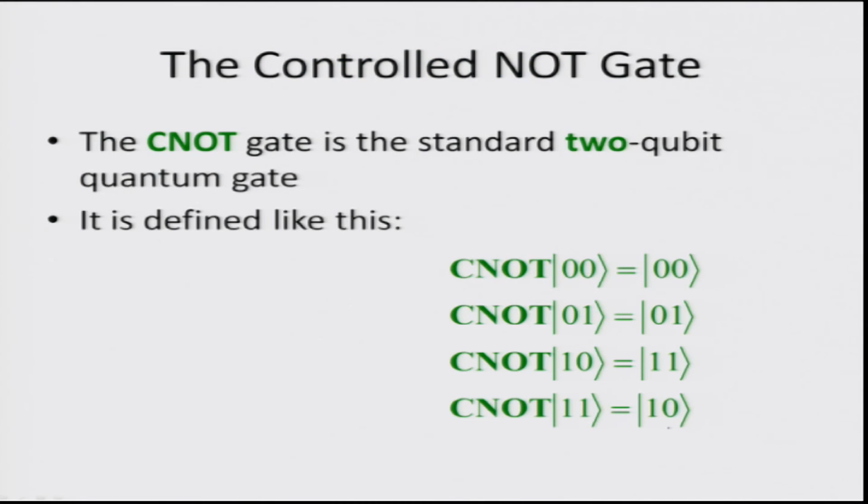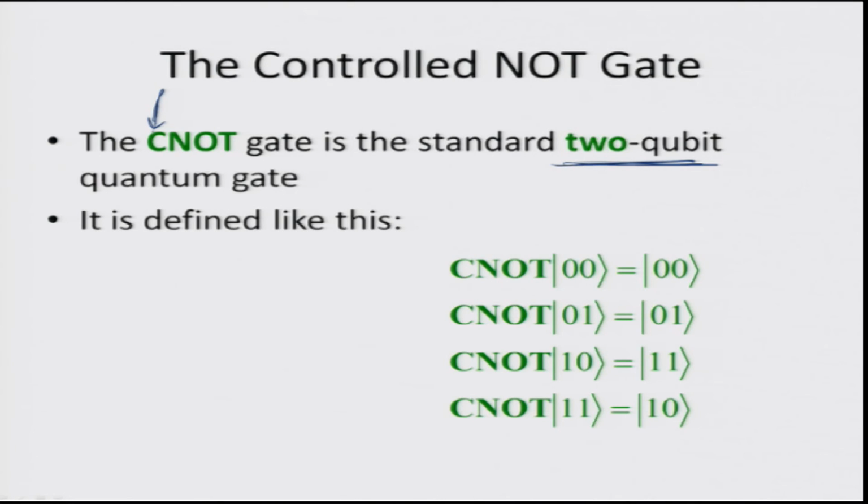Okay. Now, the first gate which we will do, which is more than the single qubit gate, is the control NOT gate. This is a 2 qubit gate. Why you need more than one in this case is because you need a bit for the control.